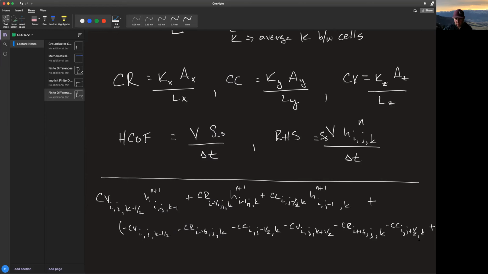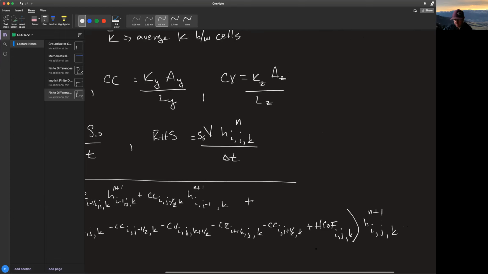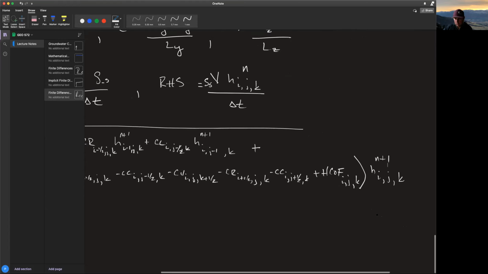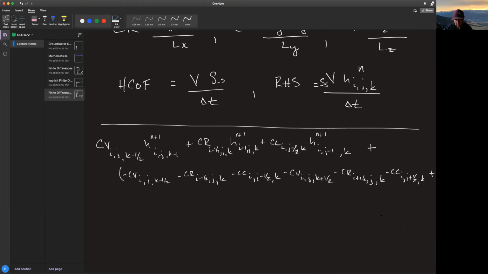These are all the current location, all the terms times the current location. And then we're going to add in the plus 1 location. So we've got plus CV i j k plus 1/2 h i j k plus 1.